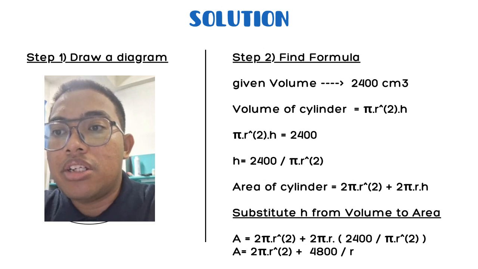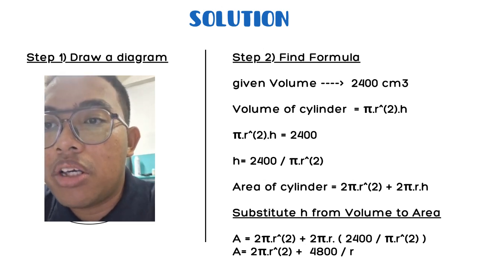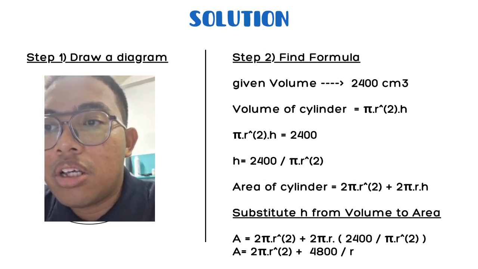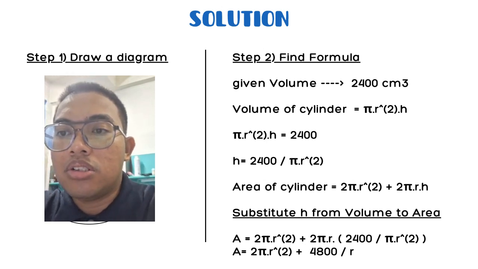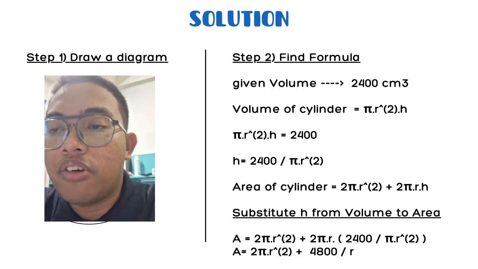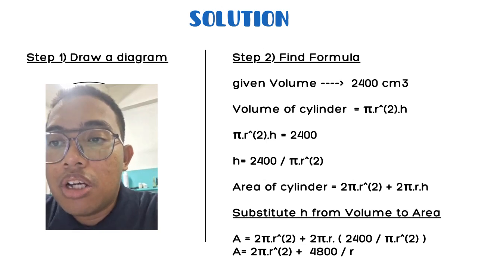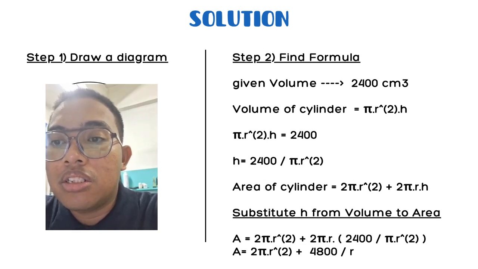The area of the cylinder is 2 pi r squared plus 2 pi r h. Substitute h from the volume into the area and simplify. The area equals 2 pi r squared plus 4,800 divided by r.